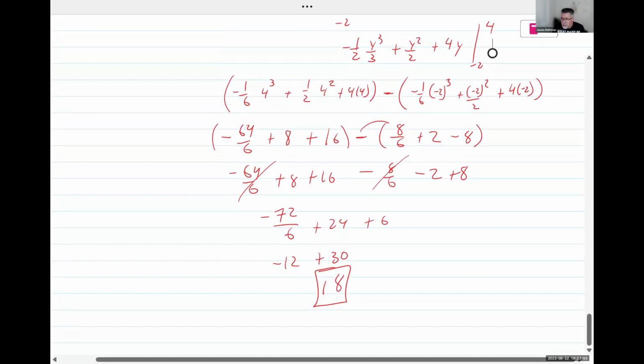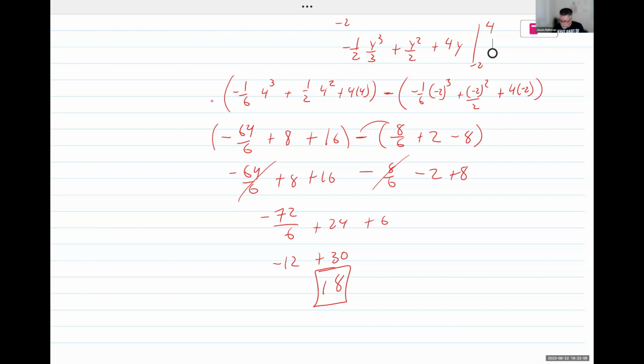You can also just test a point. If you know it's between the two and they don't intersect, then you could just take your value of 0 for y and see which one's where. You could do it algebraically as well.